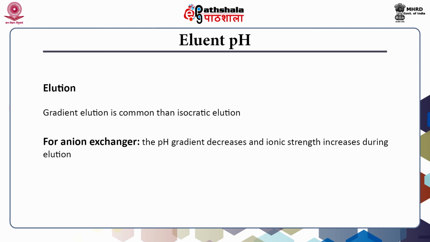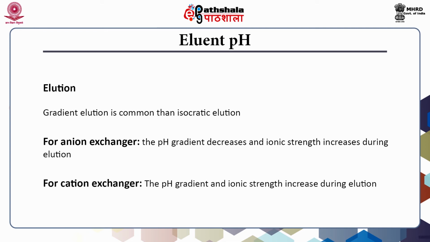So, basically the anionic state of the protein will be decreased so that they can be easily displaced by other anions present in the sample buffer, which are generally chloride ions.